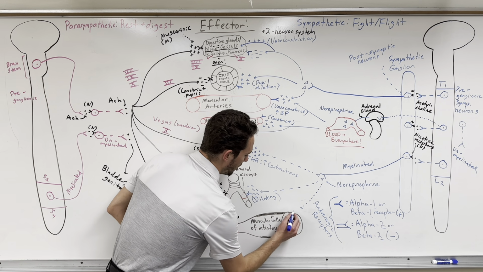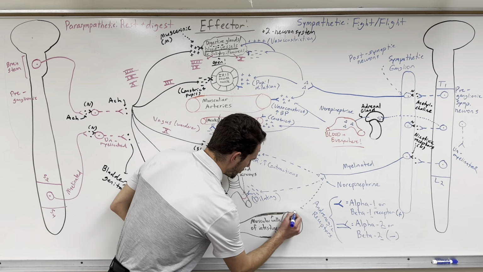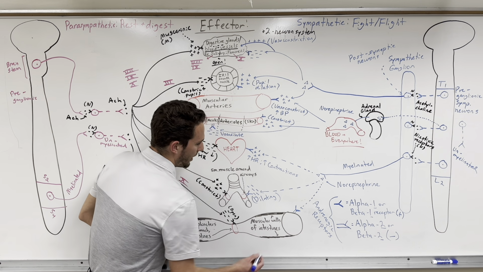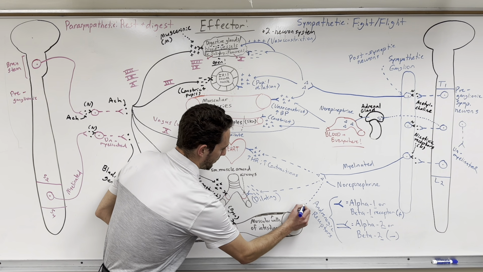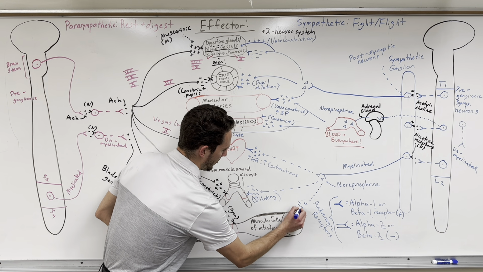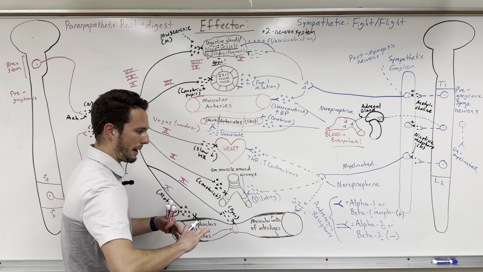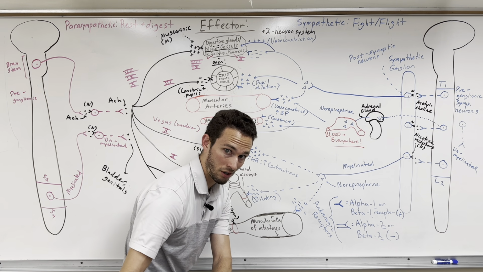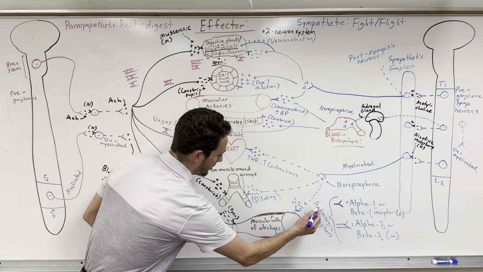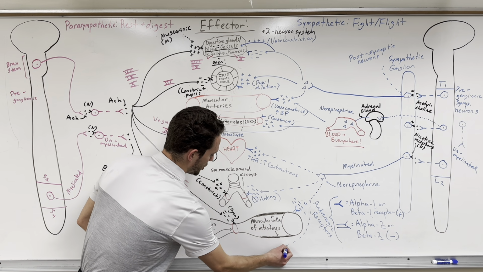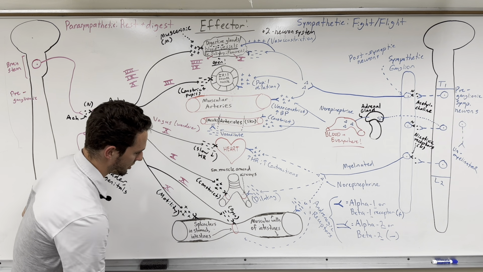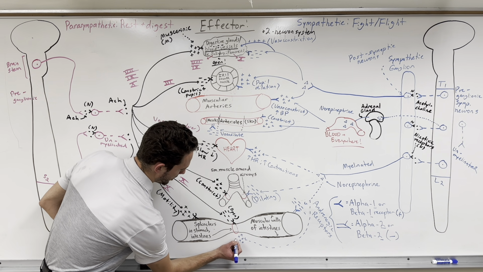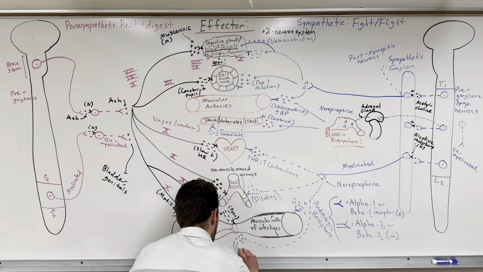So in the muscular walls of the intestines, excuse me, we're going to have either alpha 2 or beta 2. And we are going to inhibit them, because we're not moving food through the tract, we're relaxing the muscular walls of the intestines. However, if sympathetic comes to the sphincters, we're actually going to stimulate the sphincters and constrict them in sympathetic.